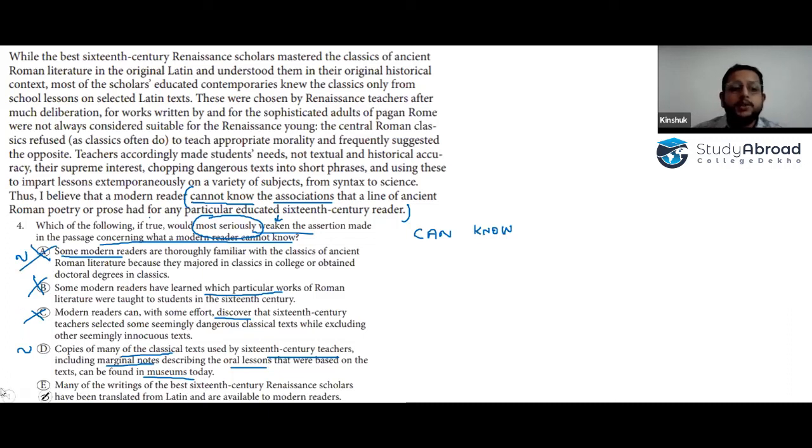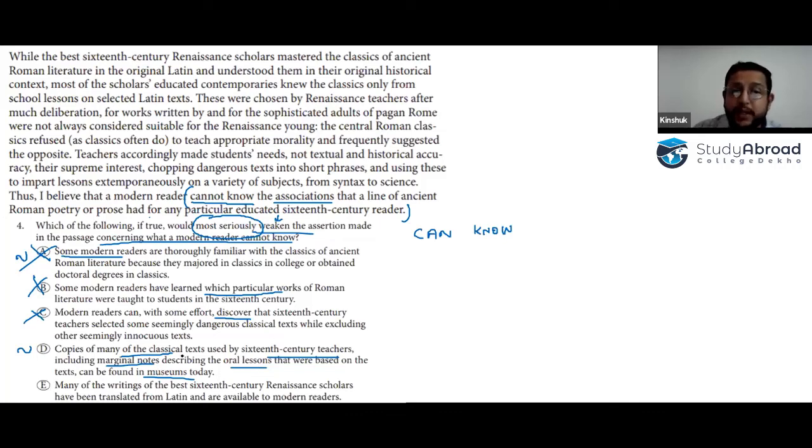Now the last answer choice E. Many of the writings of the best 16th century Renaissance scholars have been translated from Latin and are available to the modern world. Now see, many writings of the best 16th century scholars have been translated. So what writings are those? Will those writings help us to associate with the lines or prose, right? We do not know that.